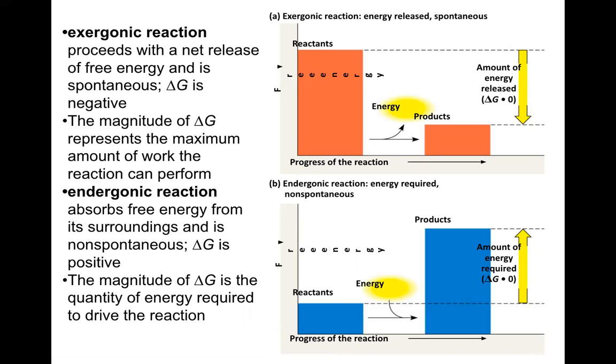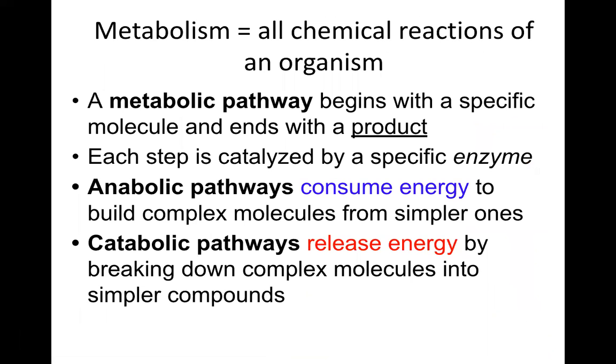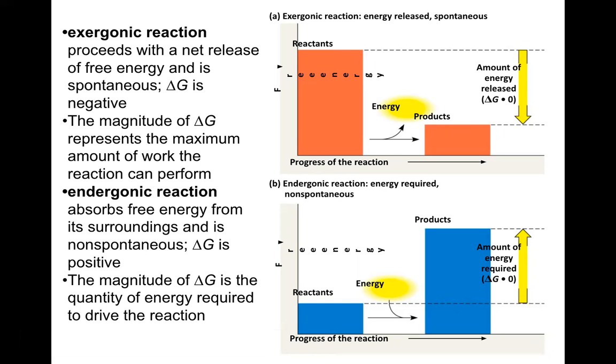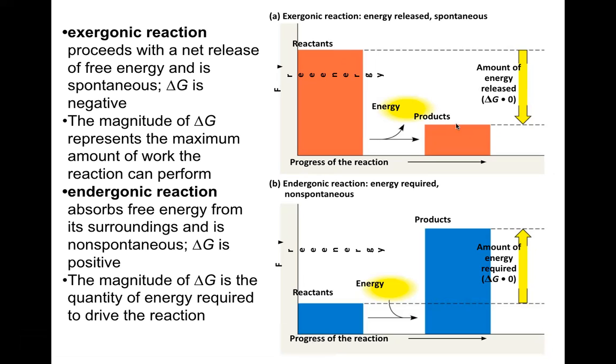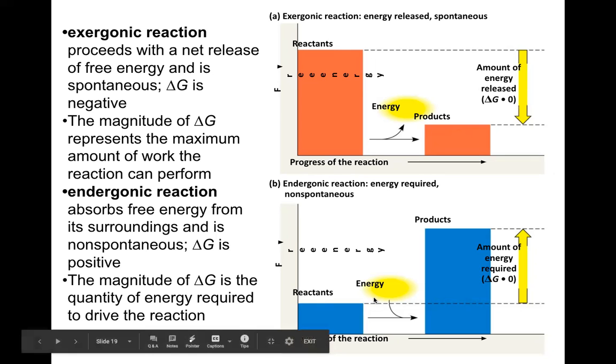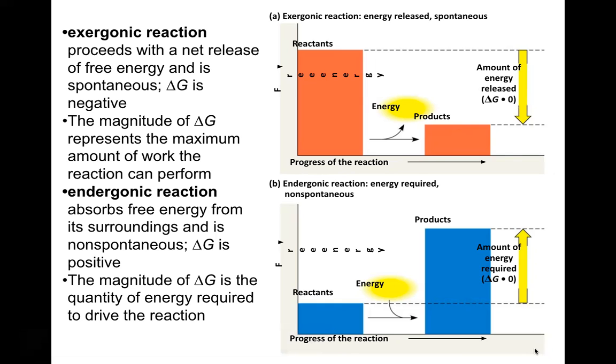So how do we make the blue reactions happen? We make the blue reactions happen by using the energy released from the orange reactions. So reactions that release energy can be used to drive reactions that absorb energy. We're going to talk about this in a few minutes.